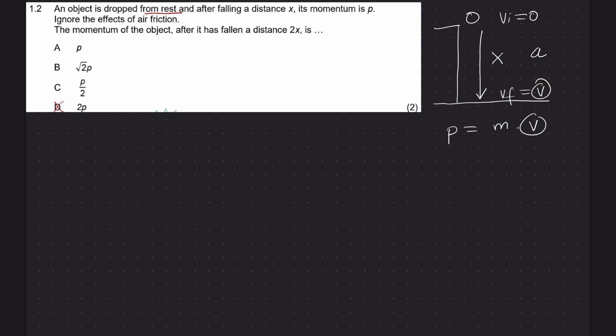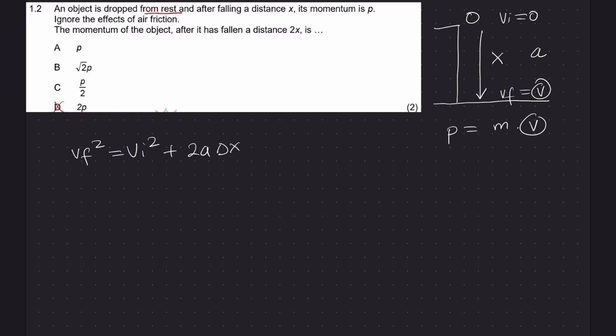We can use an equation of motion to map out what the change would be. The only equation of motion that doesn't involve time, because time is not mentioned here, is vf squared equals vi squared plus 2a delta x.